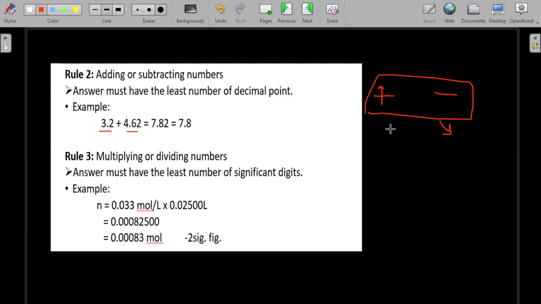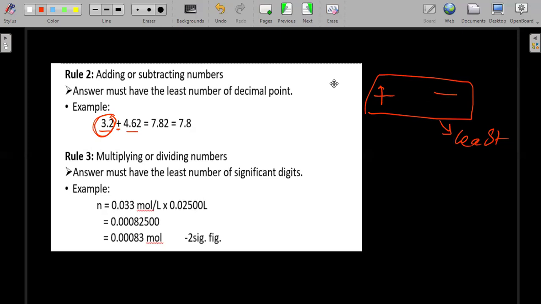When adding and subtracting, you follow the one with the least decimal places. The one with the least is 3.2, it has one decimal place, while the other has two. So our answer should have one decimal place. That is when you are adding or subtracting.